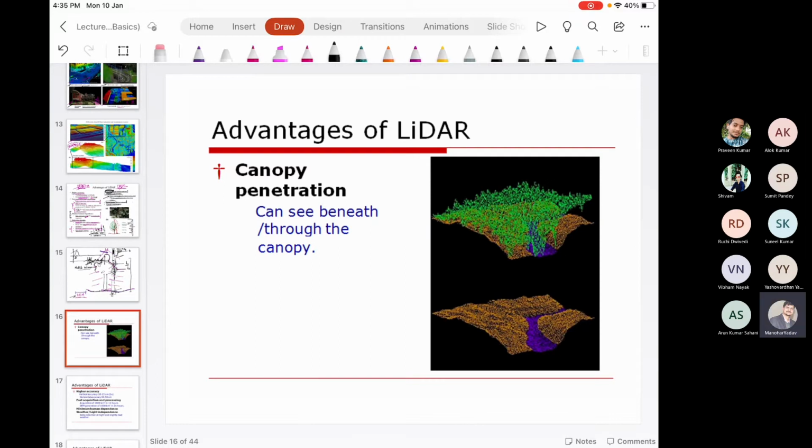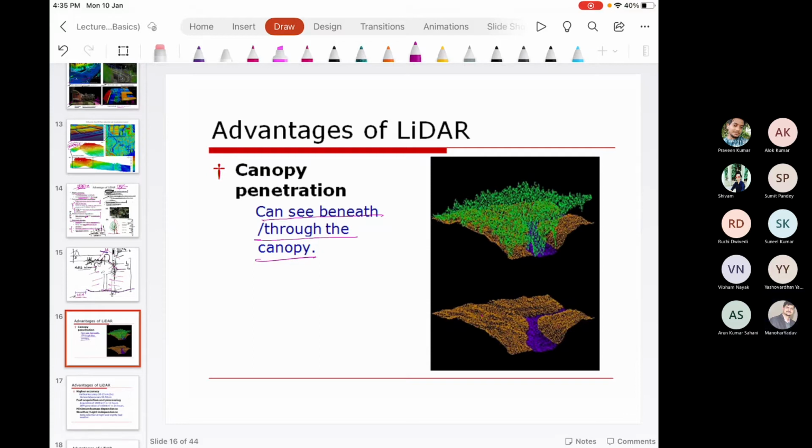As you see in the figure, in airborne laser scanning, once the laser beam is fired, it can travel through the canopy and go to the ground. So we can say that it can see beneath the canopy so that enough ground points are acquired.